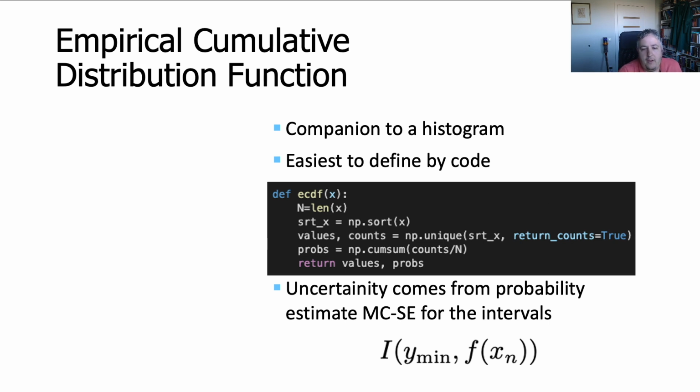But really the uncertainty in this case comes from the estimation, because the ECDF does not estimate quantities for each point, but estimates the entire interval, how likely the value is to be less than this one. So the further away from the initial value, the less uncertainty is present.